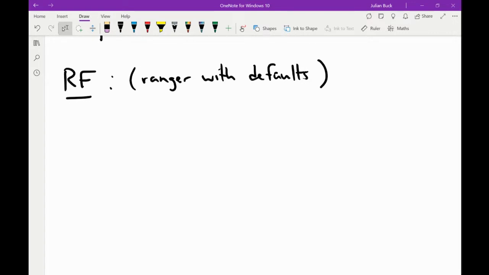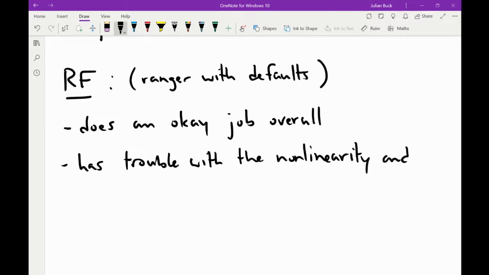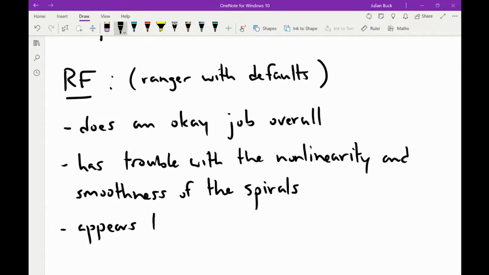So it does an okay job overall, but it has trouble with the nonlinearity and smoothness of the spirals, and in particular, it appears to overfit at various spots.